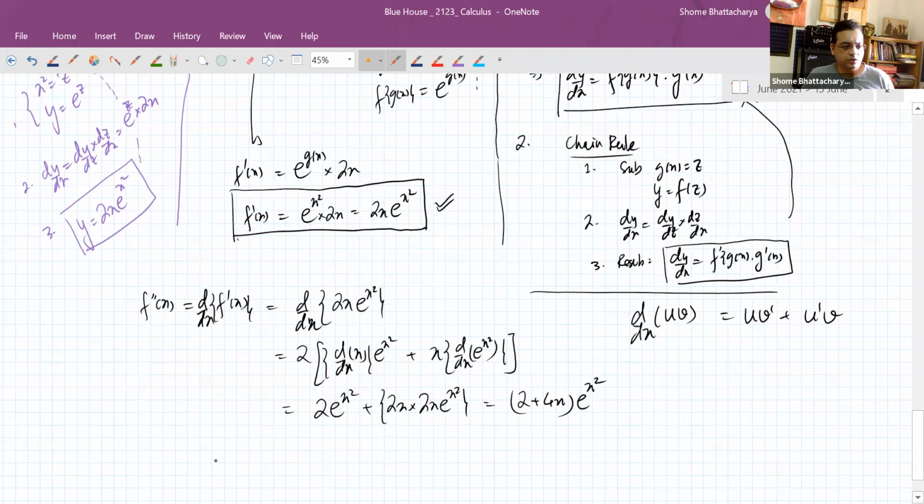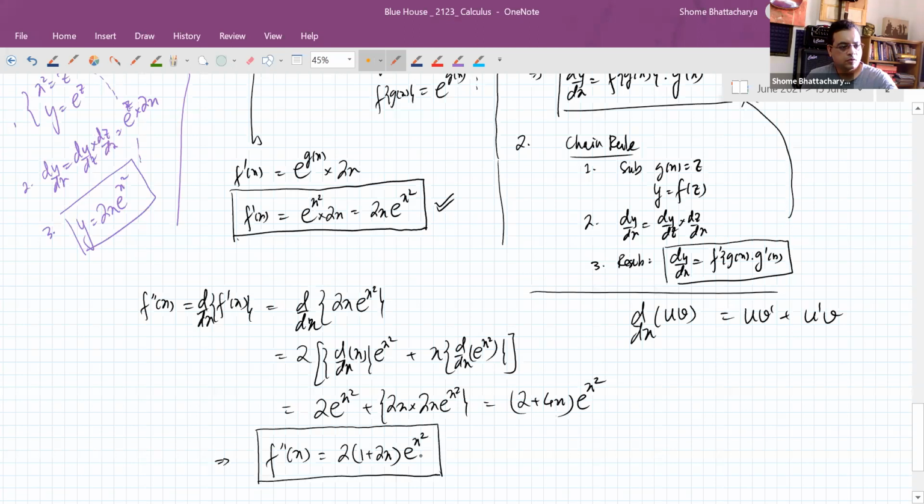So just check, all of you, that your steps are correct. I can even take this 2 common. This differentiation that we have done, from this step to this one, is again the composite function chain rule, that we got from here.